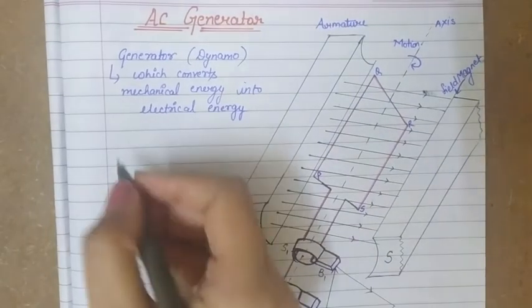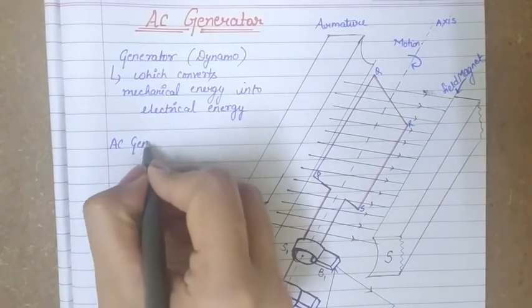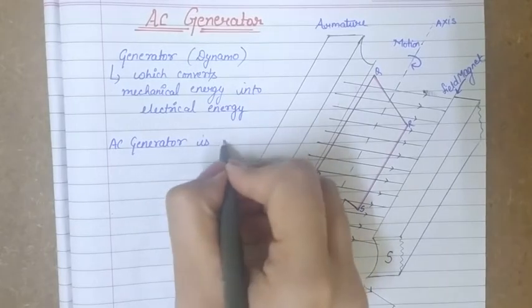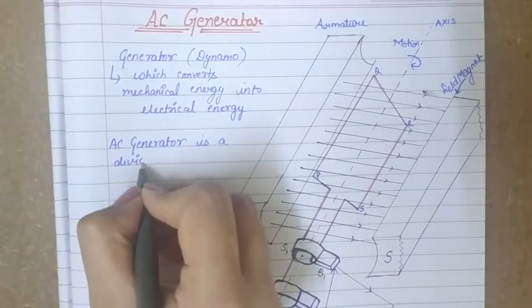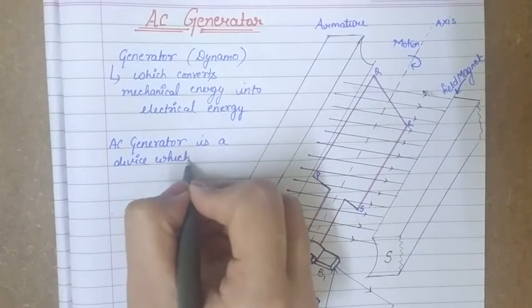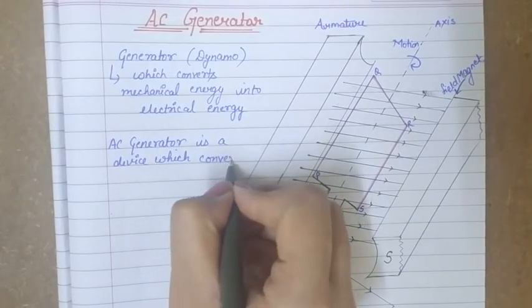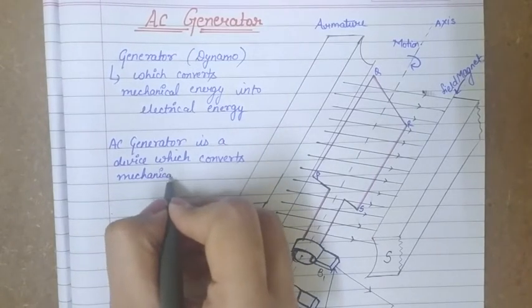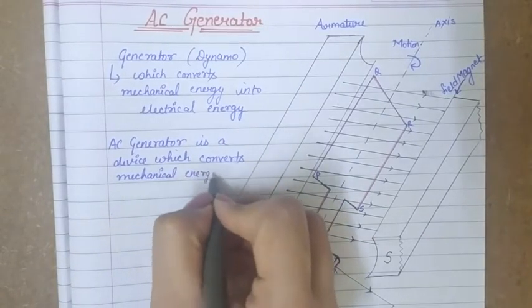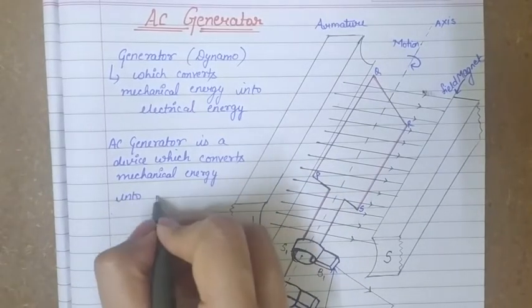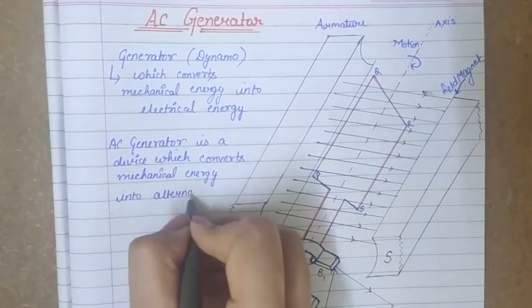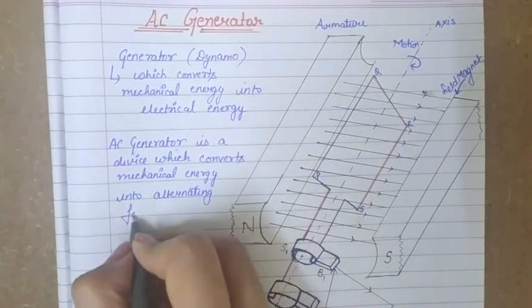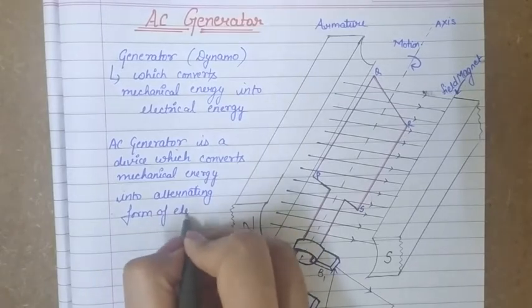So AC generator is a kind of generator, or it is a device which converts mechanical energy into alternating form of electrical energy.